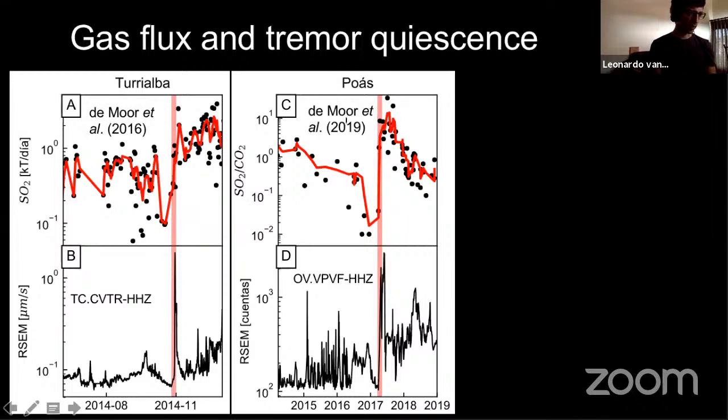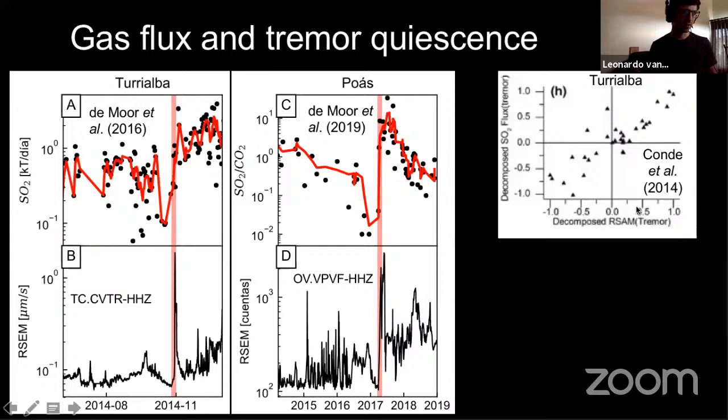Similarly, at Poás volcano, again, we have the SO2 to CO2 ratio. We see this drop before the eruption, and also we see the same behavior in the background tremor.